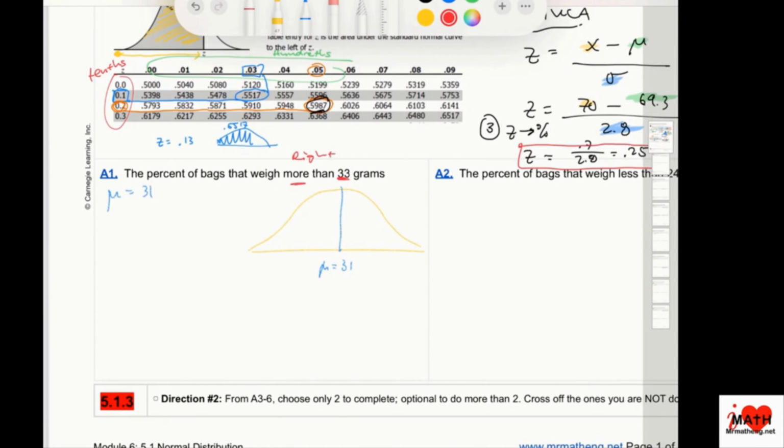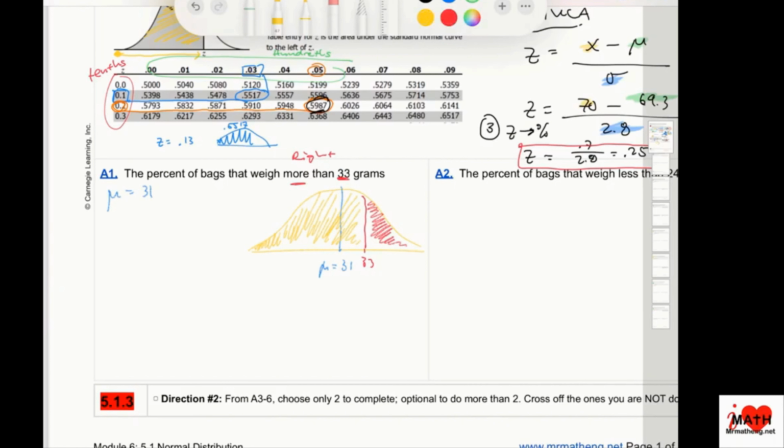Okay, so here's 33. I'm going to put a line here, and more than means going towards the right. So we're trying to find this shaded region. And to do that, remember our z-score table only helps us find what's from the left, starting over here. So basically what I'm going to have to do is figure out the yellow, and that'll help us find the red.